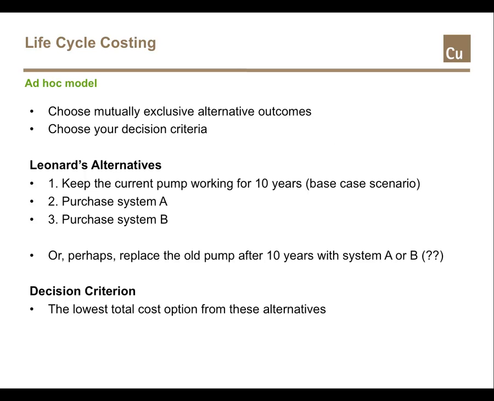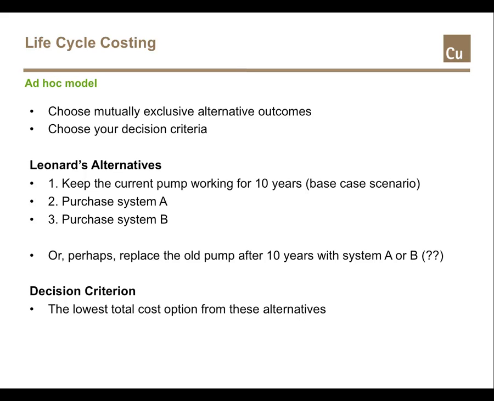Once the decision for an ad hoc rather than an accounting LCC model is made, you should identify a set of mutually exclusive alternative outcomes and your decision criterion. Alternative outcomes could be, for example, different systems that can be purchased from different suppliers, or maybe upgrading or retrofitting an existing installation. Often one of the alternatives is to do nothing.